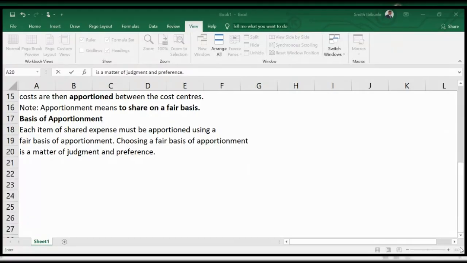Okay, so I'm putting a question on the Excel. I'll put the question on the group.